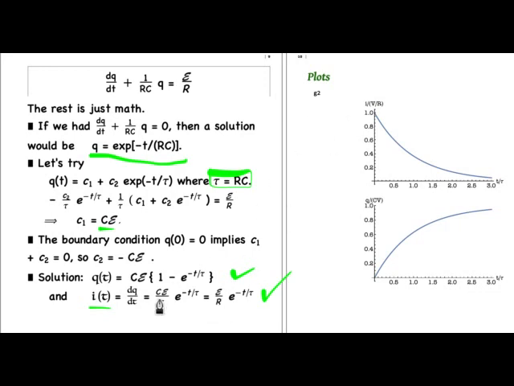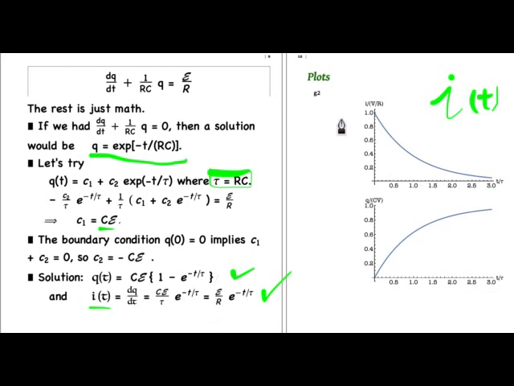Let's make graphs of these functions. So here's the current. The current obeys exponential decay. So the current is a function of time. At time 0, when I first close the switch, immediately a current occurs, which is equal to E divided by R. There's a kind of an instantaneous current, E divided by R. Volts per ohms is amps.